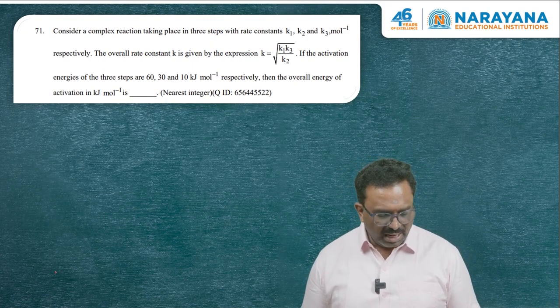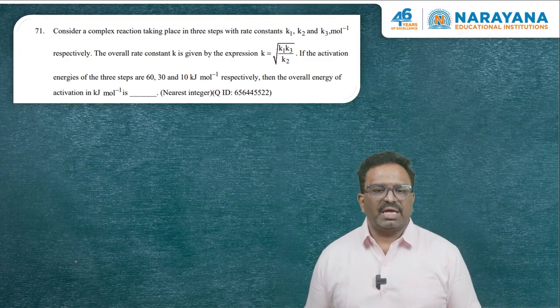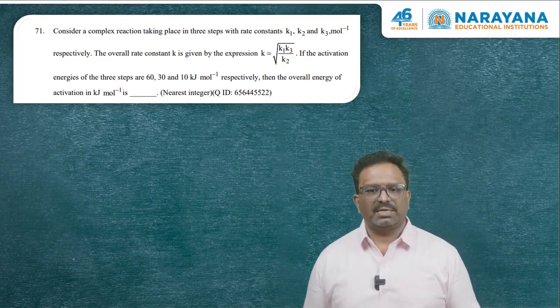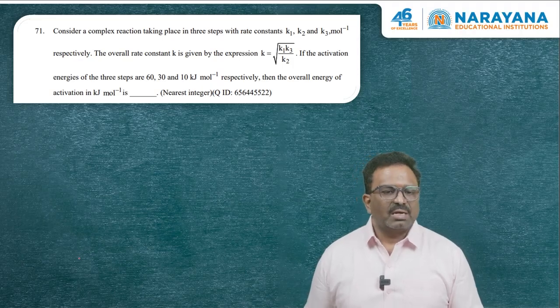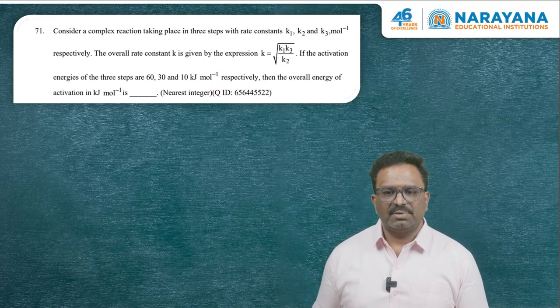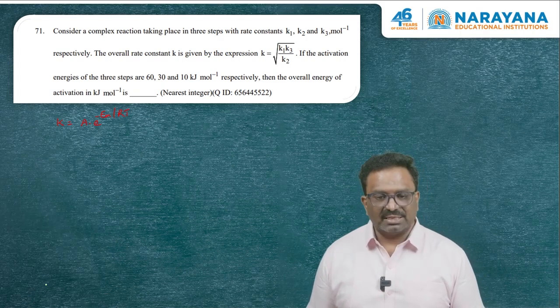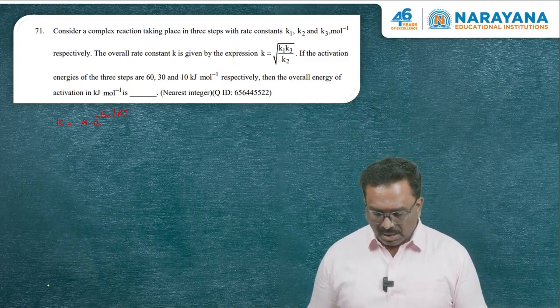Here we have an integer question. Consider a complex reaction taking place in 3 steps with rate constants K1, K2, K3 per mole inverse respectively. The overall rate constant K is given by the expression. Actually, the Arrhenius equation is K equals A into e to the power minus Ea by RT. Let us apply this Arrhenius equation to the given one.